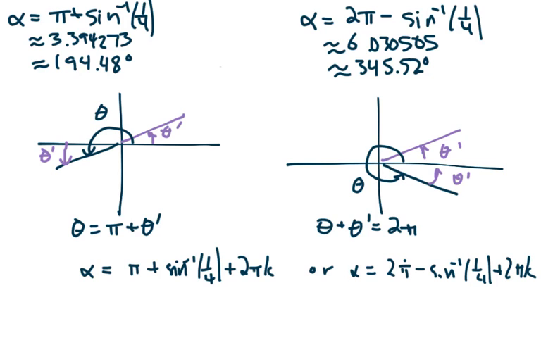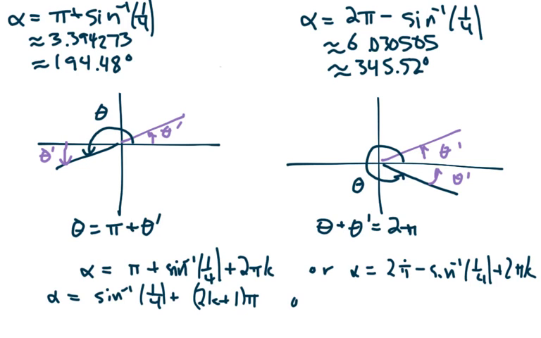Now can I simplify this in any way? Is there any way that I could, say, factor out a common factor between these two terms? And the answer is, you betcha. Pi, 2 pi k. They both have a common factor of pi. When you factor a pi out of this term, pi divided by pi, the only thing left is 1. When I factor a pi out of this term, there's still a 2 and a k left. So (2k plus 1) pi.